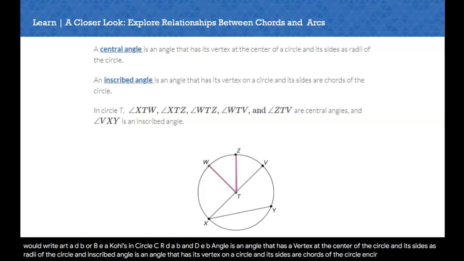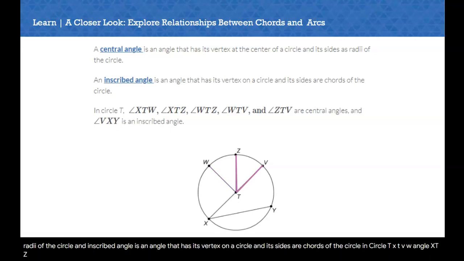In circle T, angle XTW, angle XTZ, angle WTZ, angle WTV, and angle ZTV are central angles. Angle WVXY is an inscribed angle.